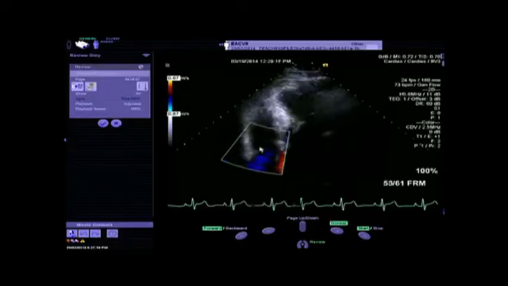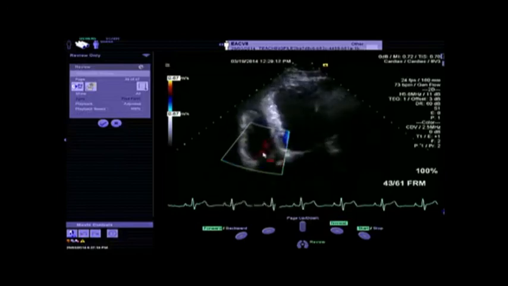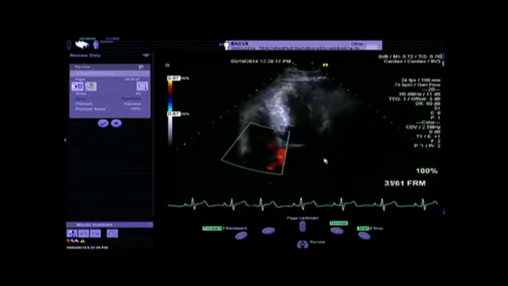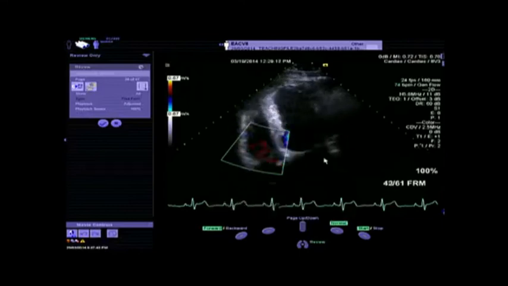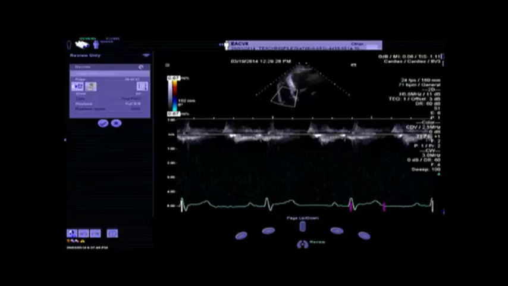And here you have the color Doppler, and you have the tricuspid annulus and the tricuspid valve, and there is no significant regurgitation here. And I will try just to measure if there is any, because even if you don't have any color flow, you should try with the Doppler signal to get any regurgitation that you have missed with the color flow to have an idea of the transtricuspid pressure gradient. And clearly in this patient, it's impossible to get this information.